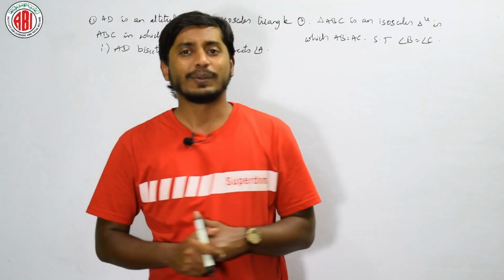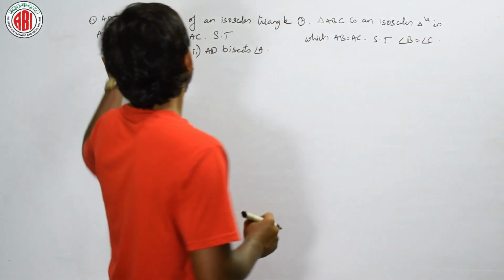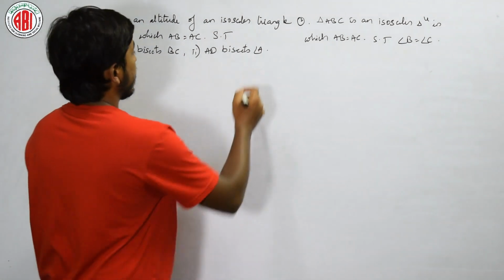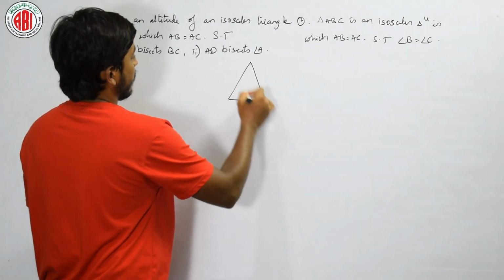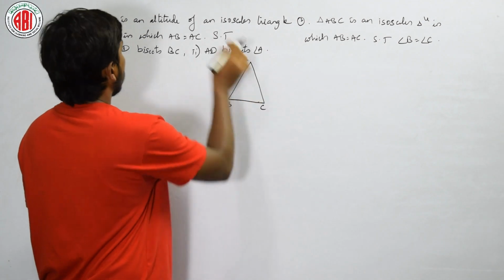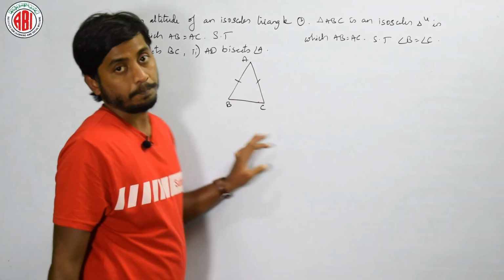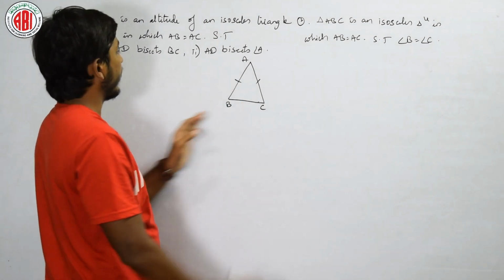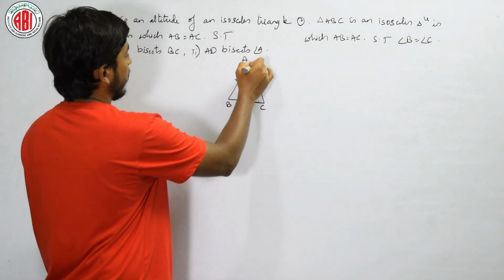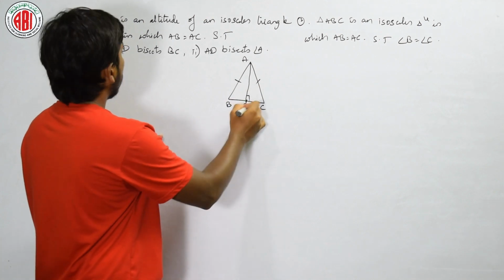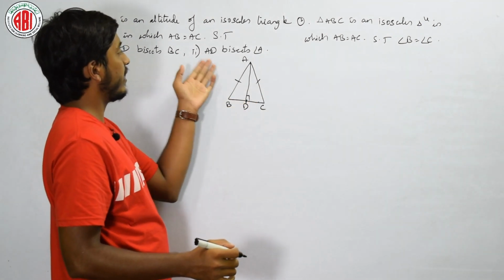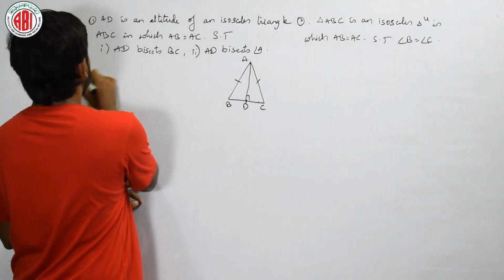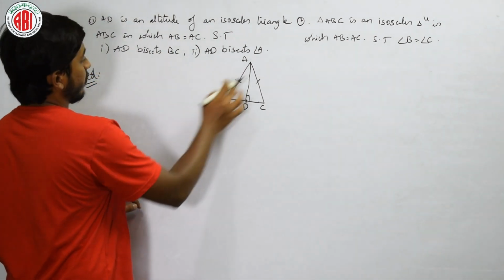Look at the next question here. He gave AD is an altitude of an isosceles triangle ABC, in which AB equal to AC. Then he is asking us to show that AD bisects BC and AD bisects angle A. In order to check that I have to write what is given.